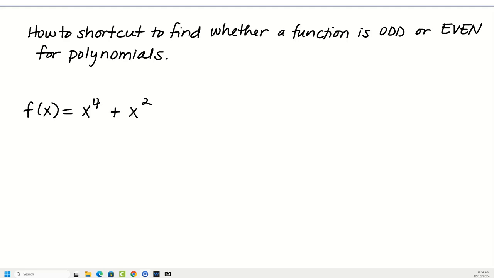The test for this would be to do f of x is equal to x to the fourth plus x to the second, right? We leave empty parentheses every time we see an x, right? And then we're going to substitute negative x in.